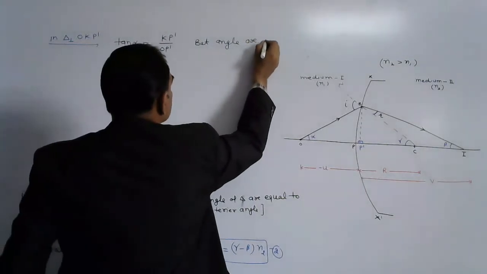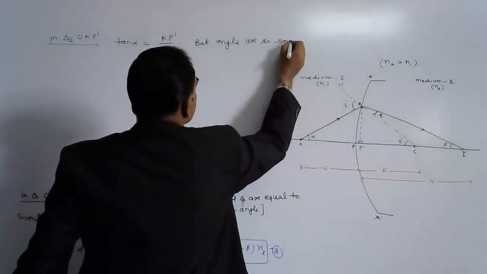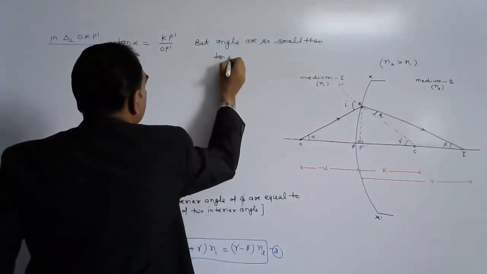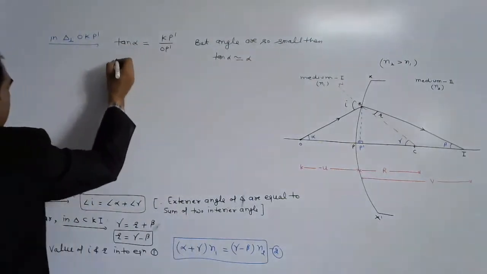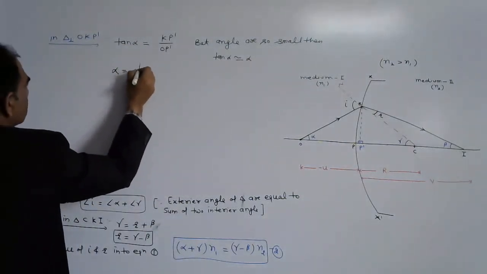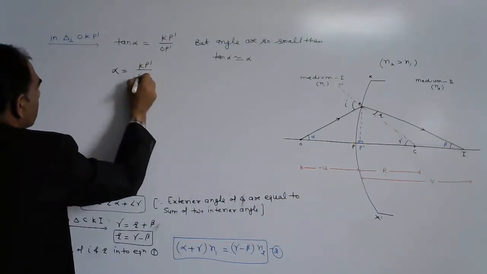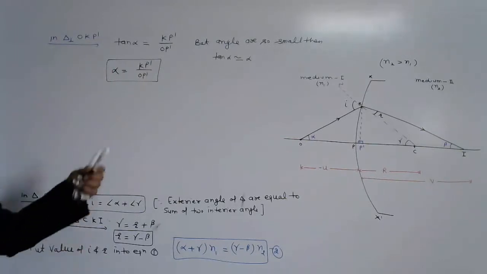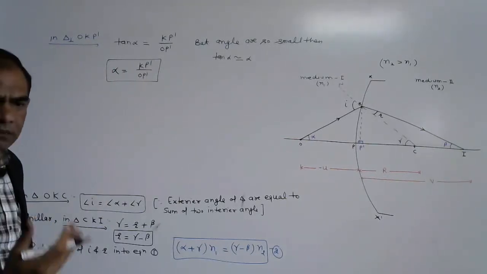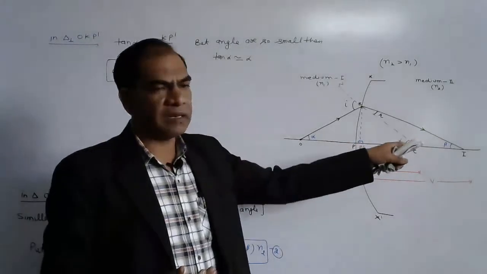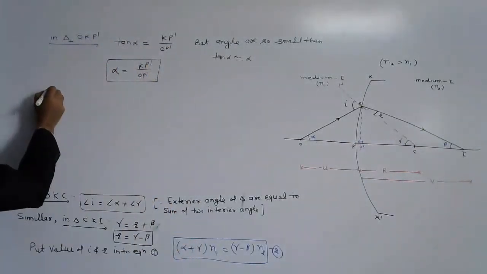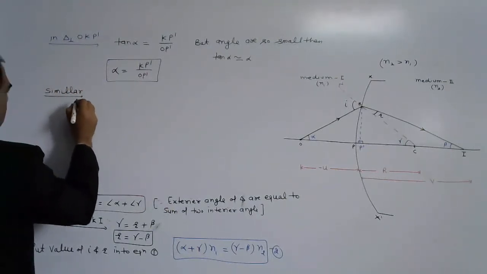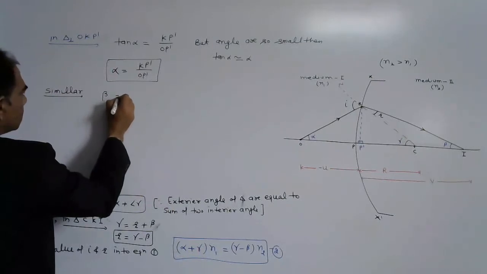But the angles are so small, then tangent alpha is also equivalent to alpha, and it becomes alpha is equal to KP dash upon OP dash. We can obtain the value of alpha. Similarly, in a different triangle we also find the value of beta.